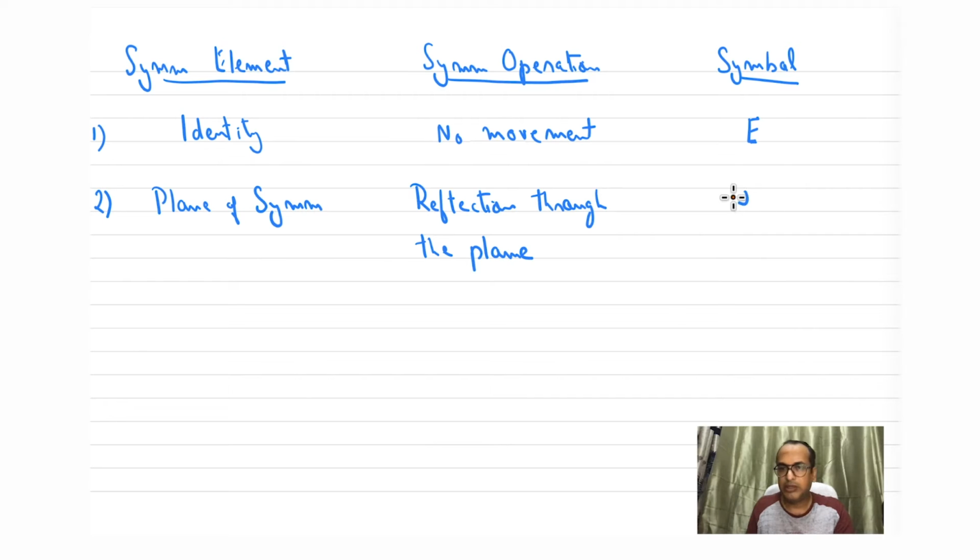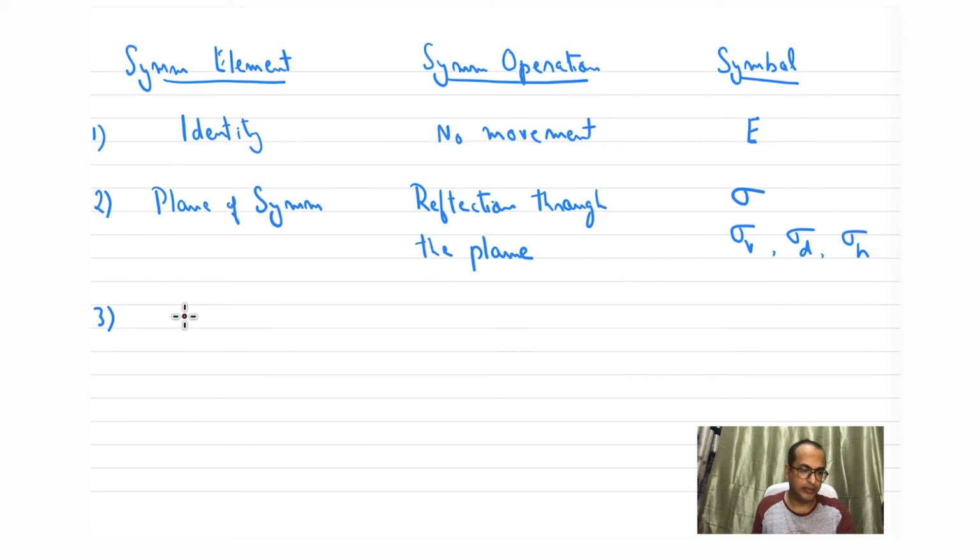And the symbol is sigma. And there are 3 types of planes: sigma V, sigma D, and sigma H. We will see them in detail. These are called the vertical plane of symmetry, dihedral plane of symmetry, and horizontal plane of symmetry.